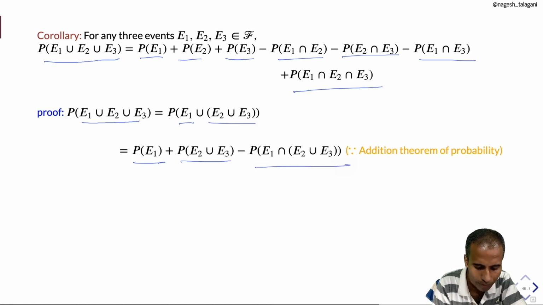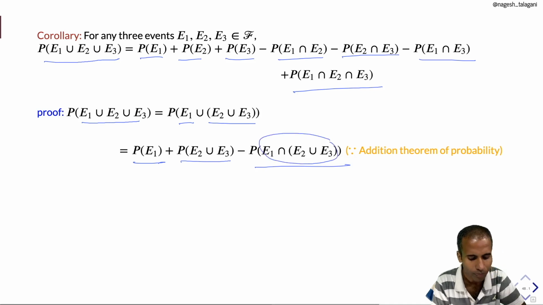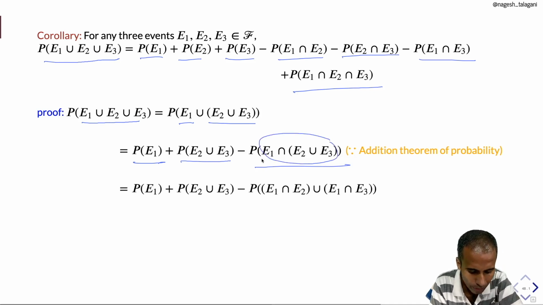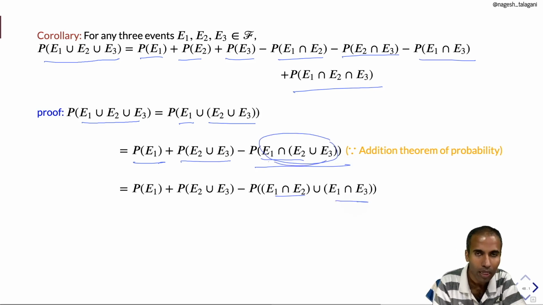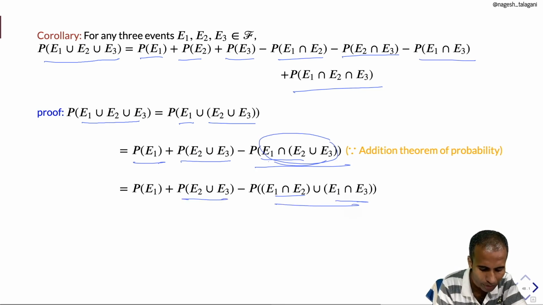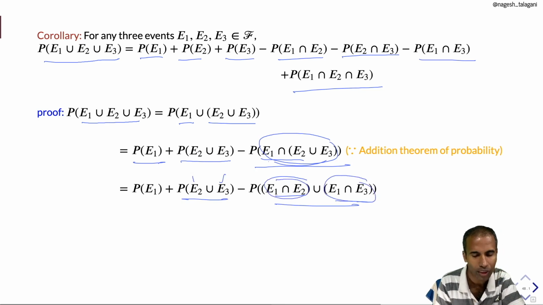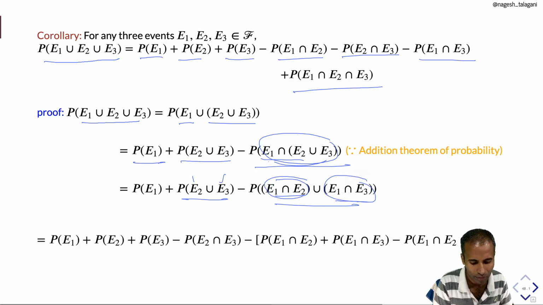If you apply distributive laws for this, we can write E1 intersection E2 union E1 intersection E3. Now again let's apply the addition theorem for two events here and here. Here we have E2 union E3, here we have E1 intersection E2 union E1 intersection E3. Let's apply it for these two cases.